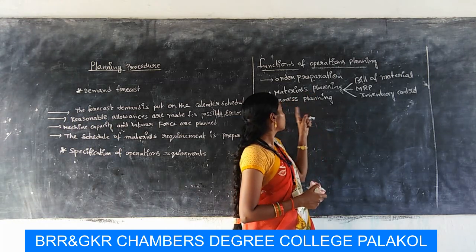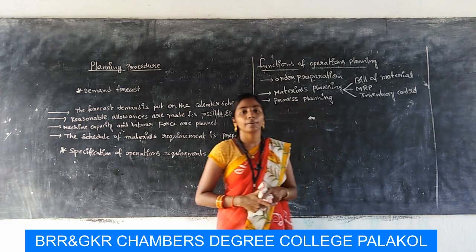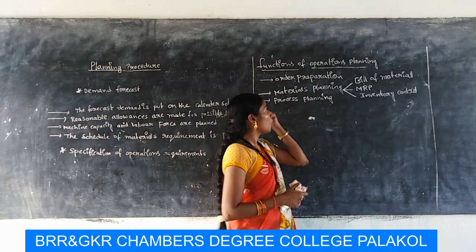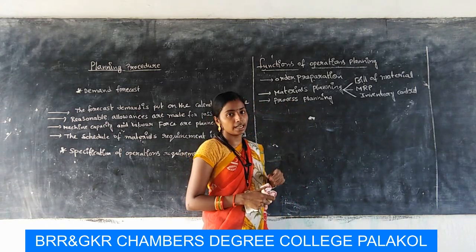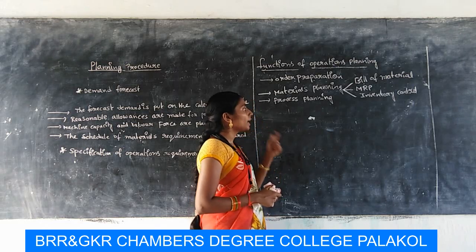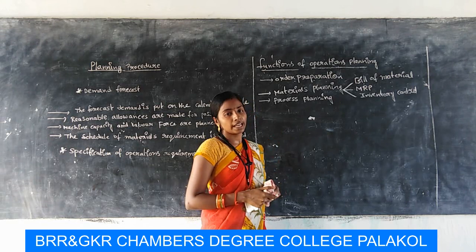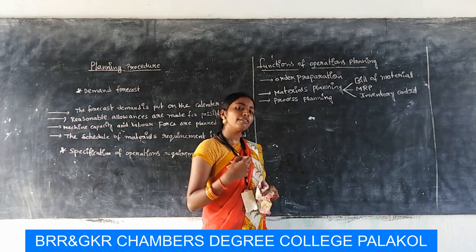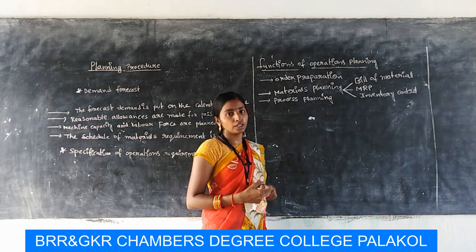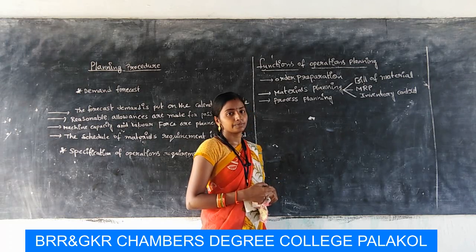Next function is process planning. Here, operations planning has to decide the process for the manufacturing of goods or services. We have to select the route and arrange schedules for the process.